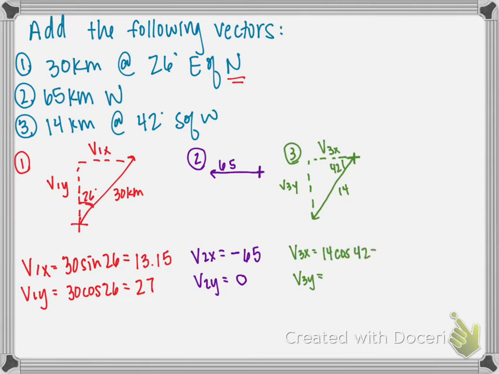So it's not like a rule we get to memorize that x is always cosine and y is always sine. That's not true, right? We have to pay attention to the triangle. X is adjacent, which means we will use the cosine. And so for y, we would use sine.